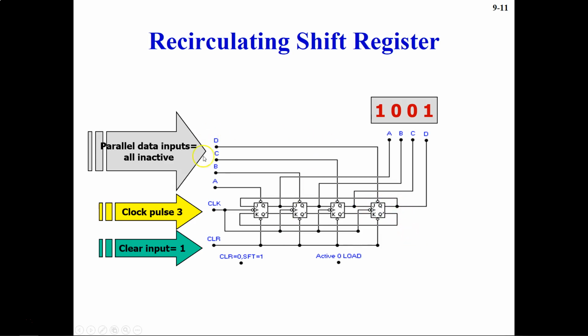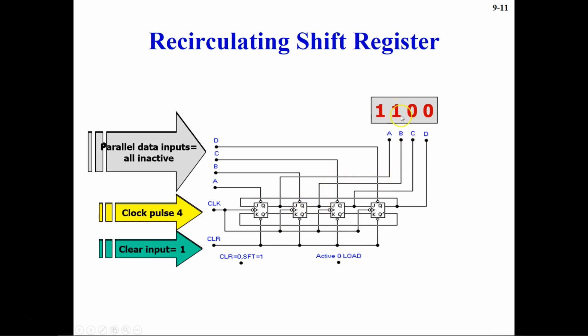Now in the next stage, when you have clock pulse 4 and parallel data inputs all are inactive, then what will happen, your output from Q will get into this flip-flop, and that will make this Q output 1.